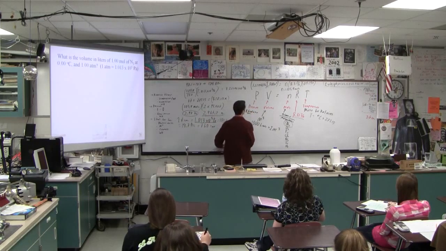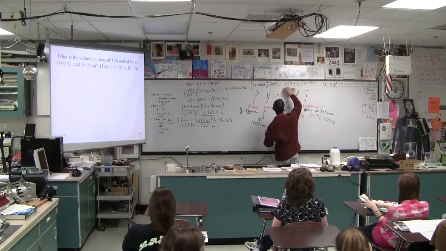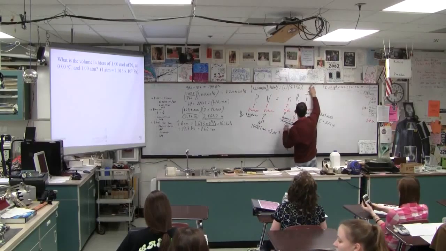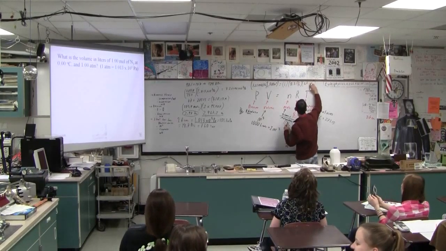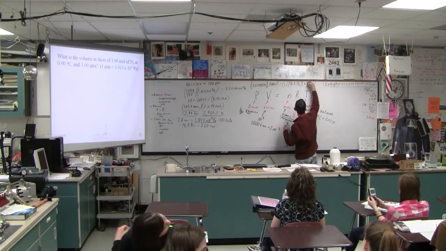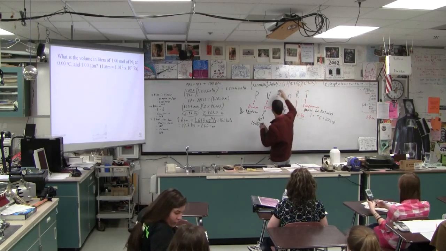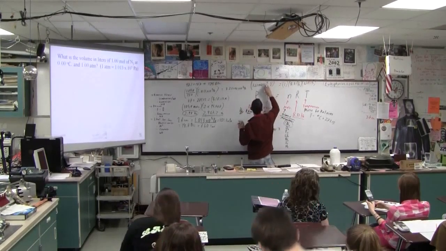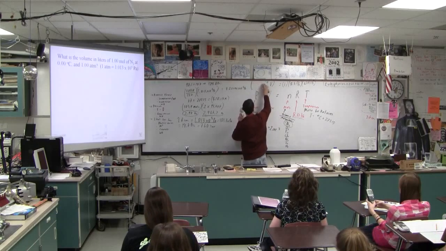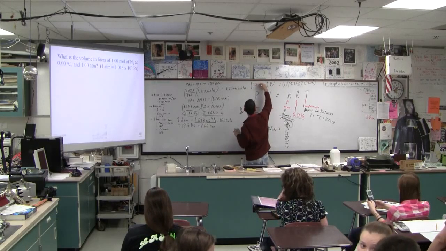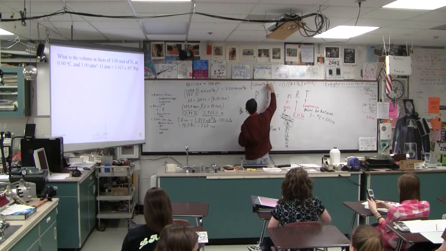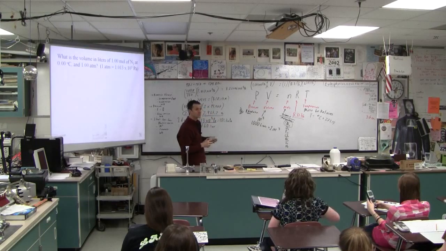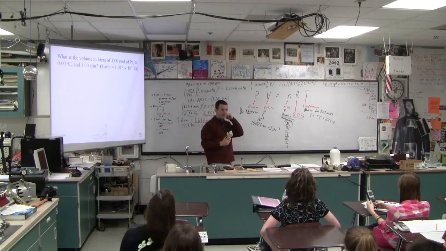So to do this problem, this number is 1, right? This guy's 1. This guy's 273.15. This guy is V. And then this guy is... Are you figuring out the side?